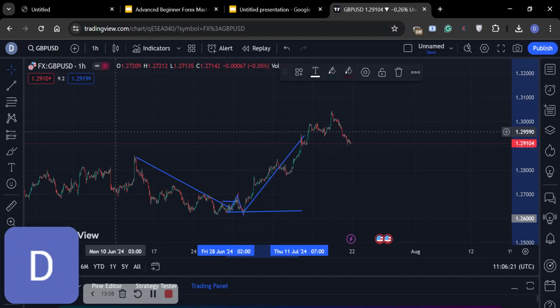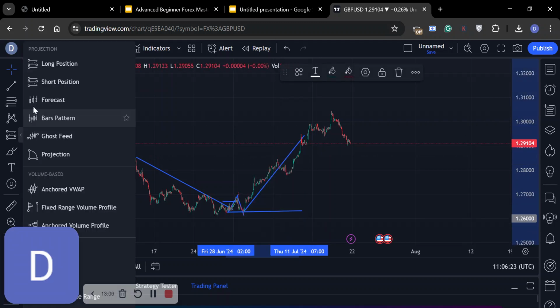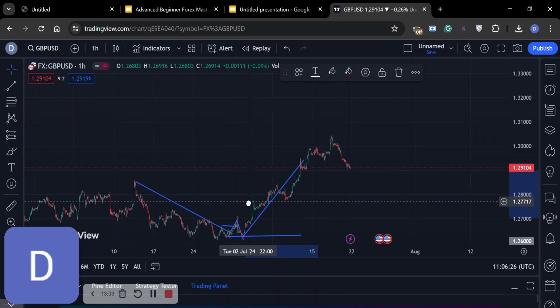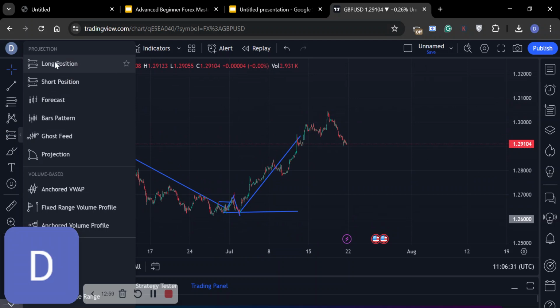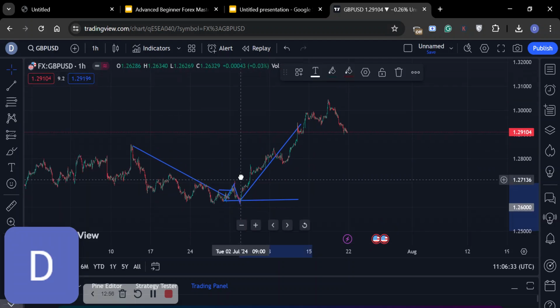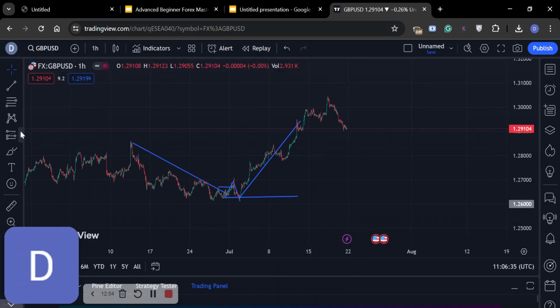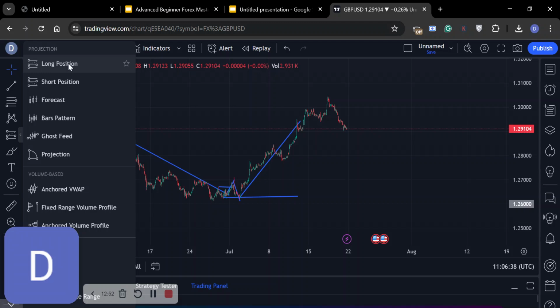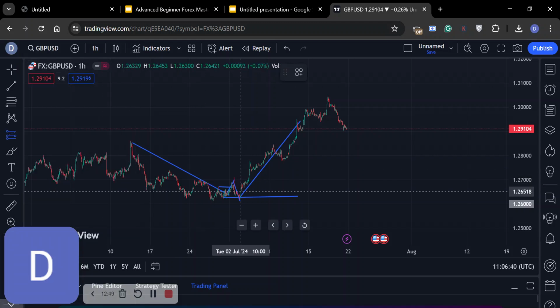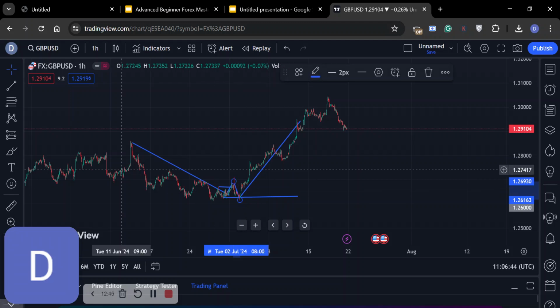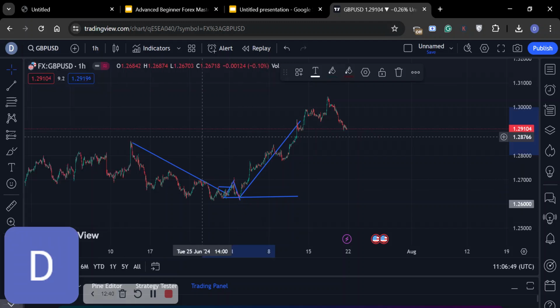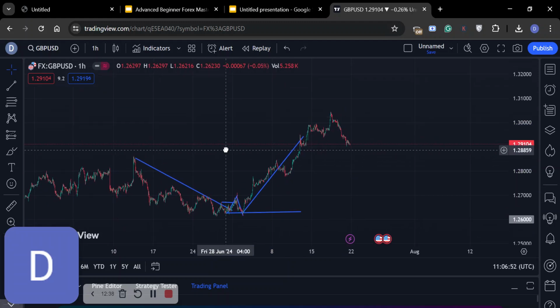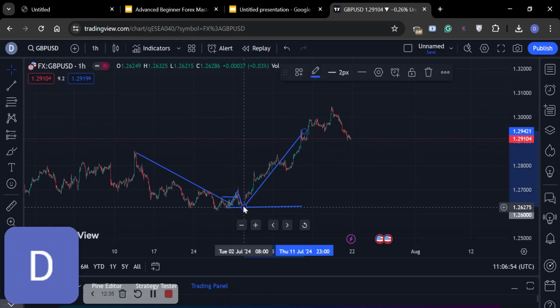This is your entry. Your entry is at the support area right here. What's wrong with TradingView? Like I said, your entry is at the support right here.